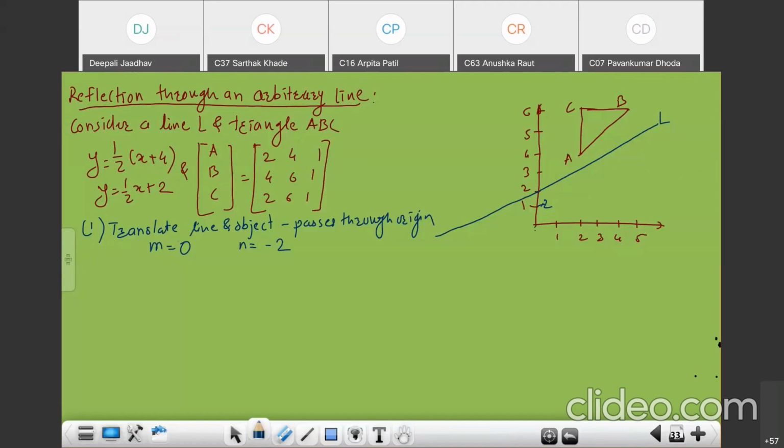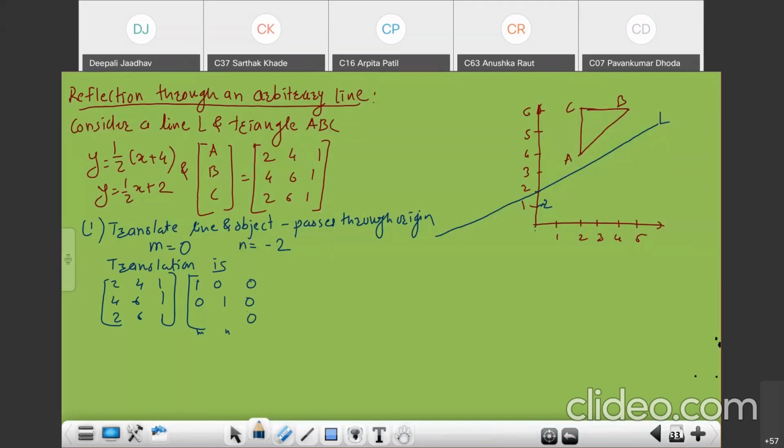Then the transformation matrix, or the translation, I write it directly. Our triangle is 2, 4, 1; 4, 6, 1; 2, 6, 1. And the transformation matrix is 1, 0, 0; 0, 1, 0; and here we write the value of m and n.